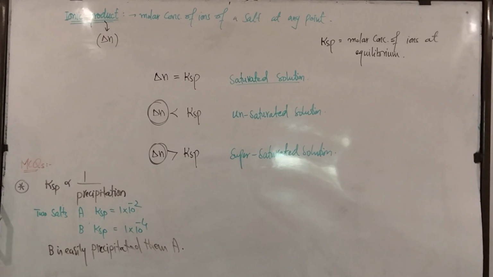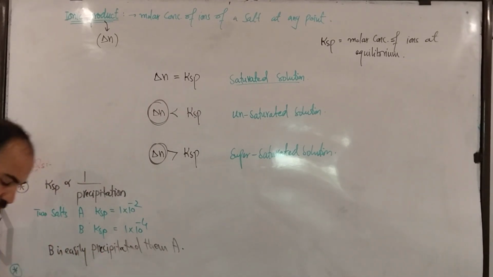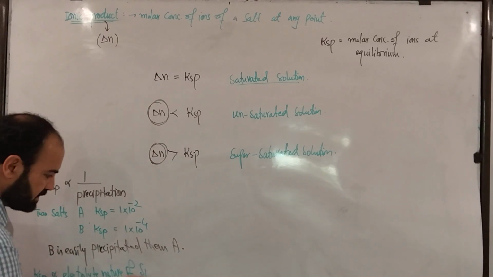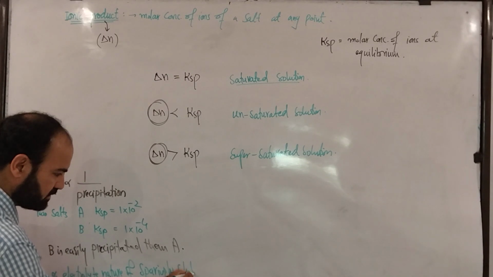Okay. The second concept we pick from the KSP, dear students: you can also find out the strength of a sparingly soluble salt as an electrolyte at room condition. You pick this point that KSP is also directly related to the electrolyte nature of a sparingly soluble salt.